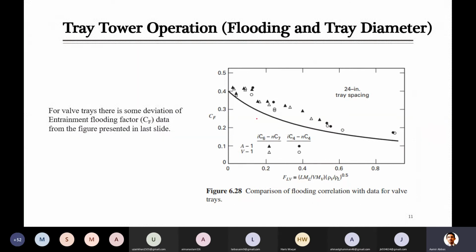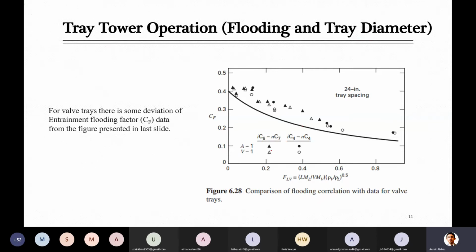Sorry. In this diagram you can see this line is actually for weir trays, but if you look at the data of the previous figure, this is the line as per the previous figure, which you can see here as a solid line, while the various points on the diagram are related to experimental performance with a number of parameters using these weir trays.